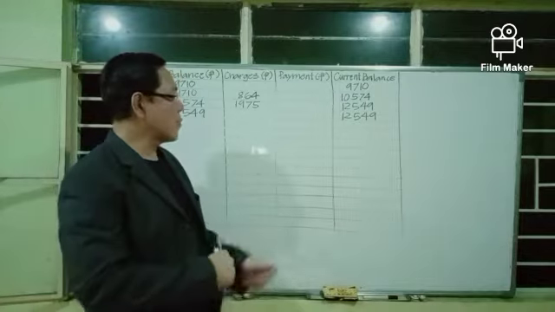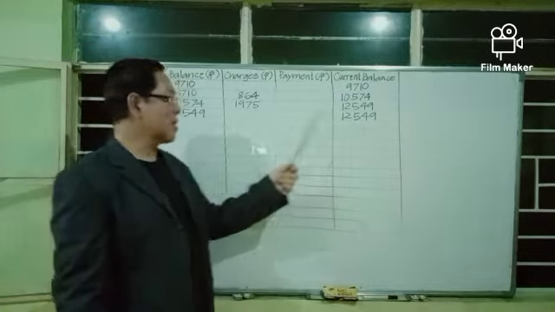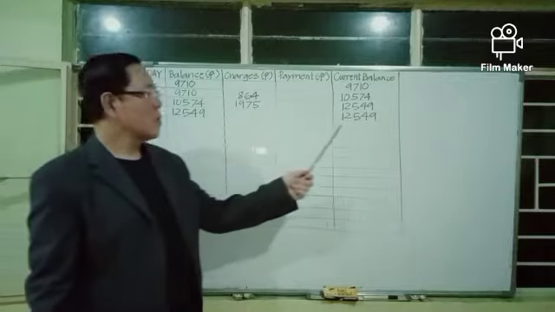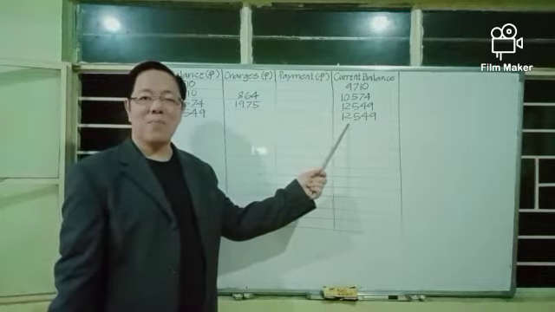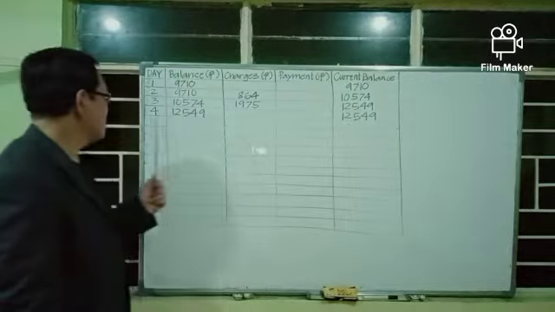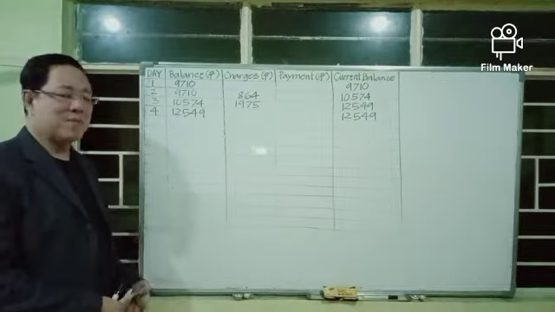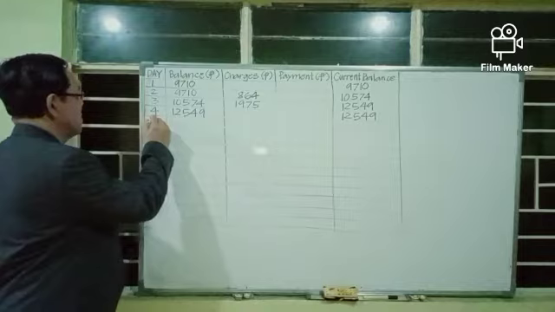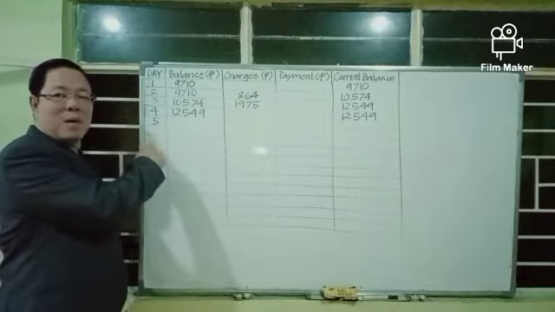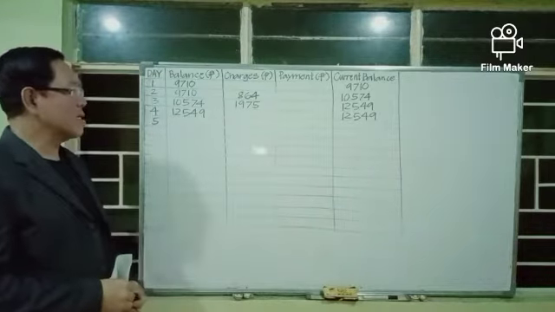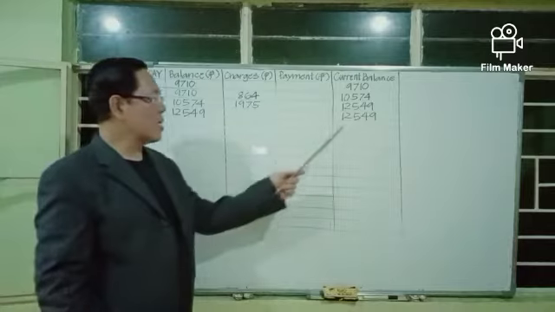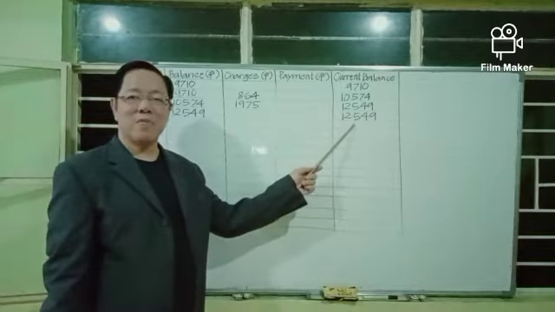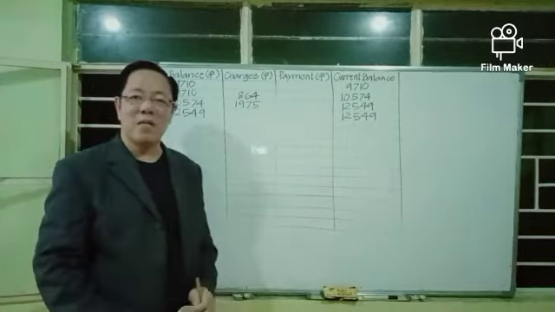This balance of 12,549 at the end of November 4 would be the balance at the beginning of the fifth day of November. We write 5 for November 5. At the beginning of November 5, the balance would be equal to the balance at the end of November 4, 12,549.